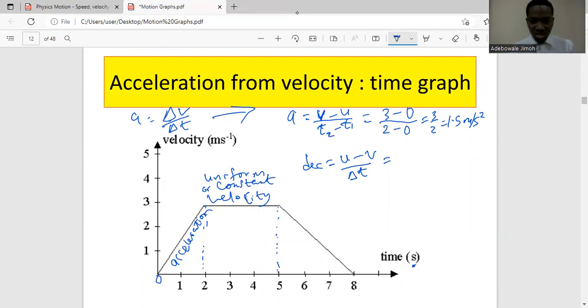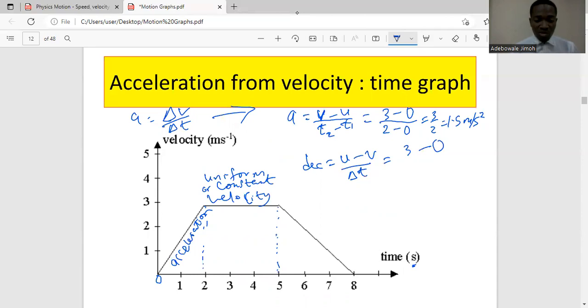Our initial velocity is 3 minus our final velocity at the end, which is 0, because this slope has come down to this point on the velocity axis, and this point is reading 0 velocity. So we have 0 as our v, which is our final velocity in this case.